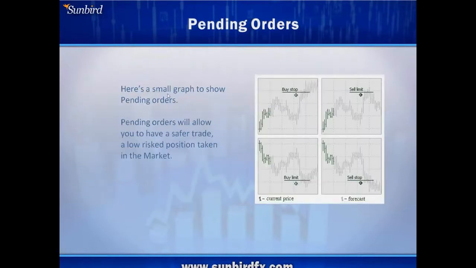I'm just going to show you a small graph here. You can see here this is a green line. Your buy stop is higher than the current market rate. Once it reaches here, it opens a buy position. This is a buy stop.